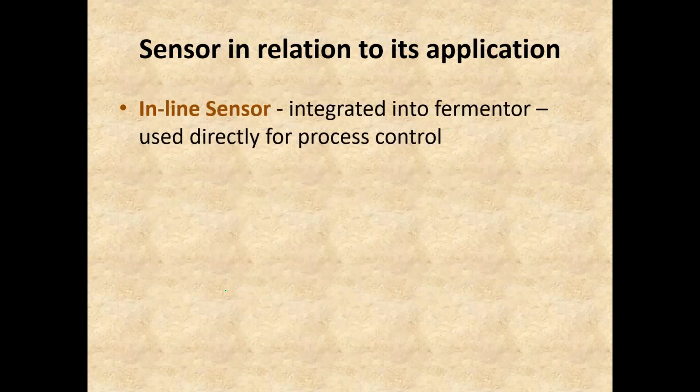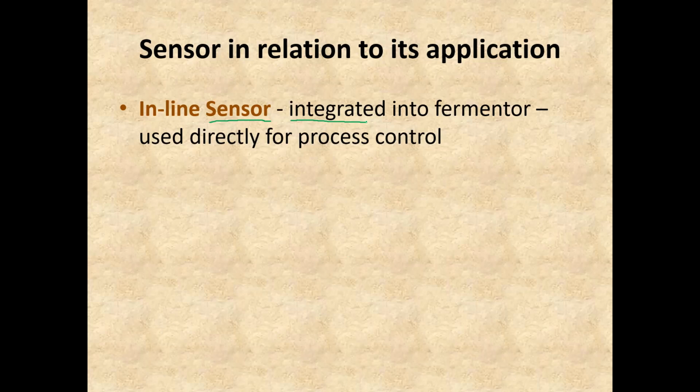Now, these sensors can also be defined in relation to their application. Inline sensor. What is an inline sensor? An inline sensor is integrated into the fermenter and it is used directly for process control. So this inline sensor is a sensor which is integrated into the fermenter. It's part of the fermenter, and it is used directly for process control.